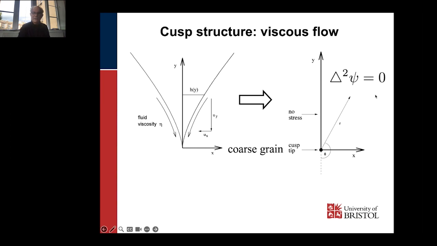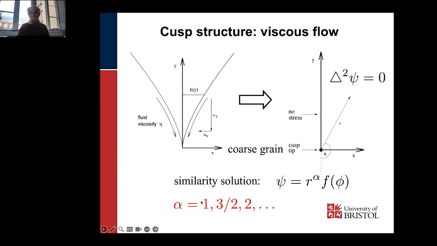But other than that, I'm solving Stokes' equation, and the experts will know that if I describe two-dimensional flow using a stream function psi, then the Stokes equation is equivalent to the Laplacian squared of the stream function being equal to 0. And once I've solved this equation, I can then deduce what the original velocity field had been.